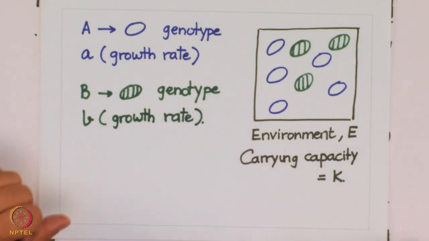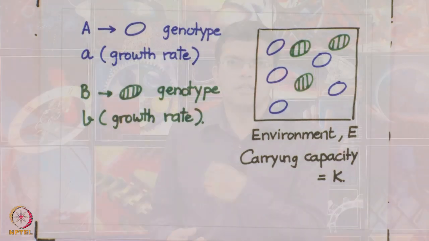So, that is the scenario that we are going to be looking at, and we are going to make one more change in the model compared to how we did it last time. What we are going to start with assuming is that at the particular instant at which we started monitoring the system, the number of individuals in the environment, taking A and B together, is equal to K. The system is operating at its carrying capacity.